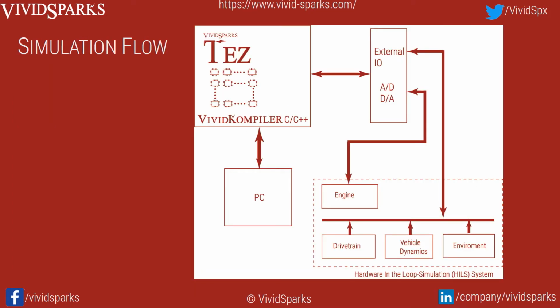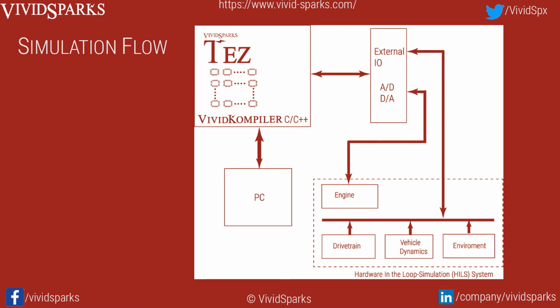So the way to integrate our IP core is that this TED's IP core can be running on a Xilinx FPGA board. This TED's IP core is connected to external I/O, where it sends and receives a lot of signals from the complete vehicle.